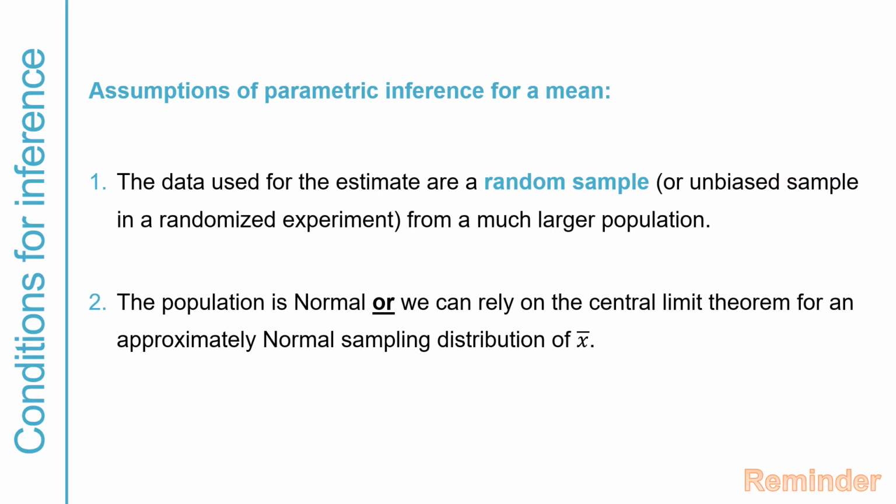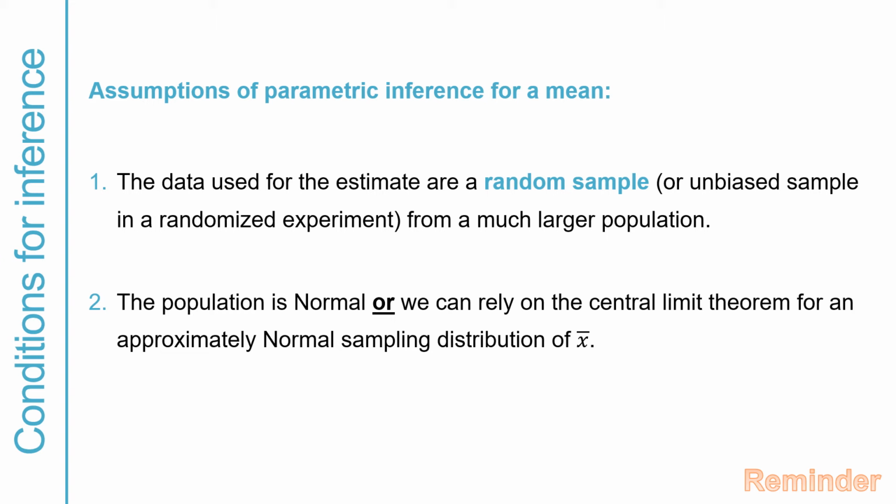Now, another reminder, we've also talked about the assumptions behind parametric inference for a population mean. We have 2 conditions. The first one is that the data are a random sample from a much larger population. And the second one is fundamentally that we have a roughly normal sampling distribution for X bar.